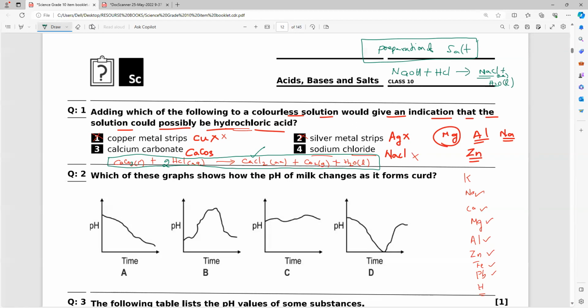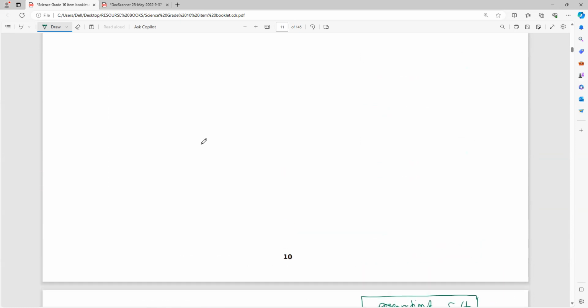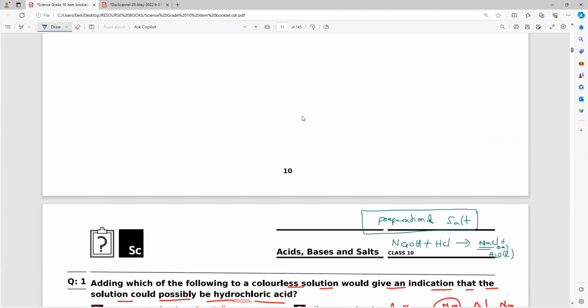Or else, what are the other methods of preparation of salts, everybody? Totally four methods are there. Anybody can tell what the four methods are? First, neutralization reaction. Of course, by neutralization reaction, we can prepare it.